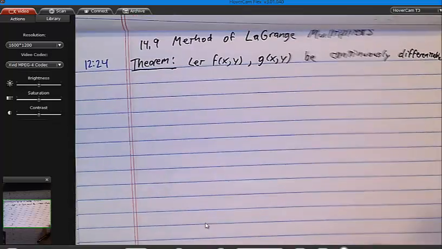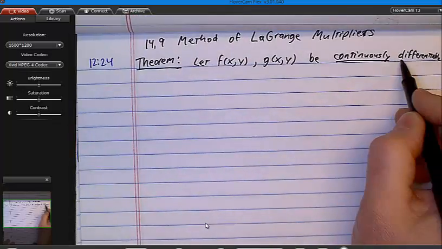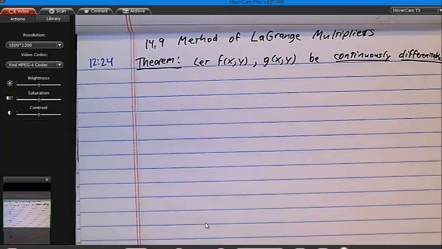Now, these words here, we mentioned them in the earlier sections of the chapter, but we certainly didn't harp on them. I talked about continuity before we took exam 1. And so here I'm saying that we want all the partial derivatives to also be continuous, okay?